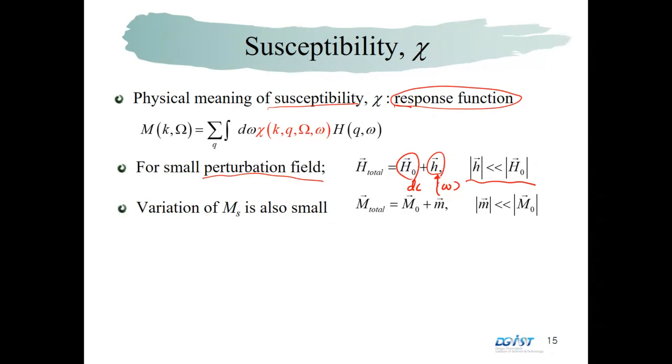And as a response, the total magnetic moment must be represented by the sum of the static magnetic moment, this is the static or stable one, and this is the small variation. That means if we have a ground state here, the magnetic moment is, let's say, in this direction. That is the energy minimum direction.